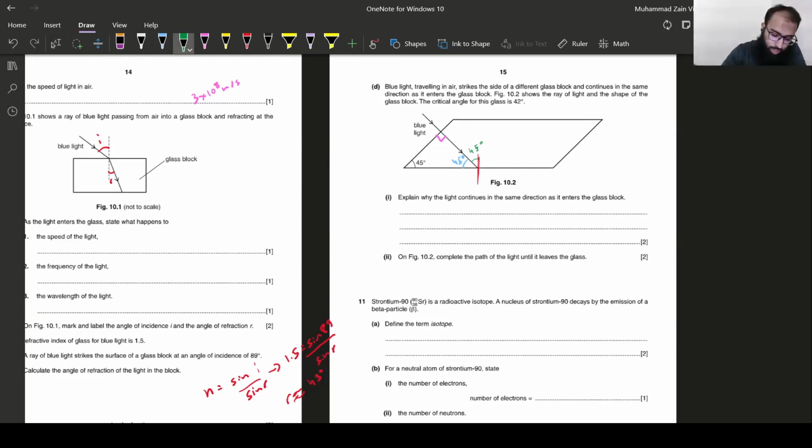So there would be total internal reflection, and it would move back and strike some point here. And again, at this point, if I apply all these things, this is 45. So the same things would apply.